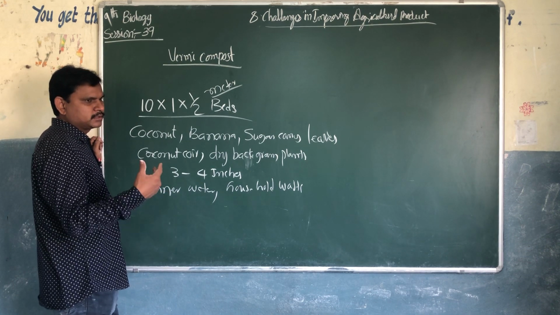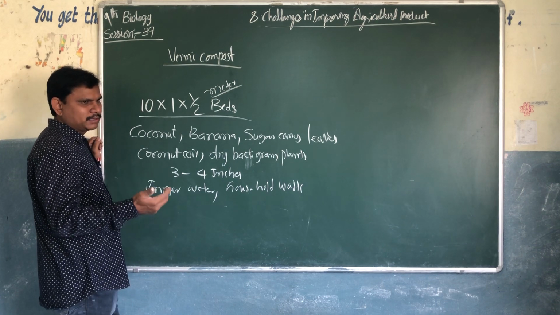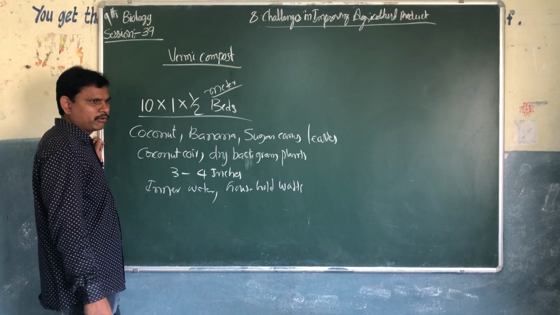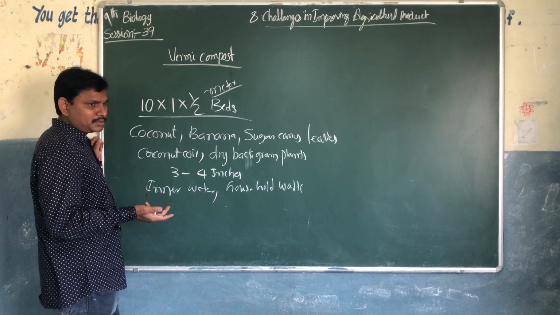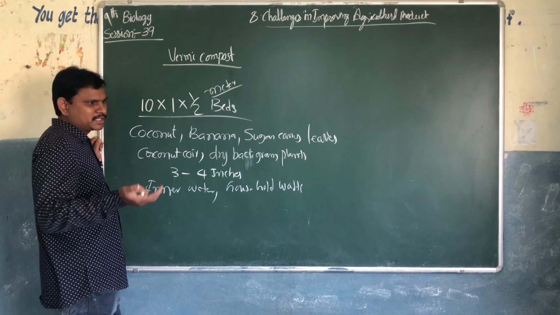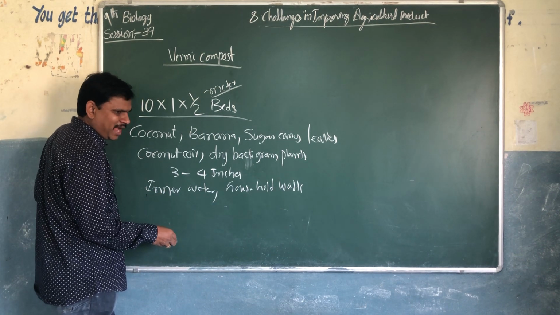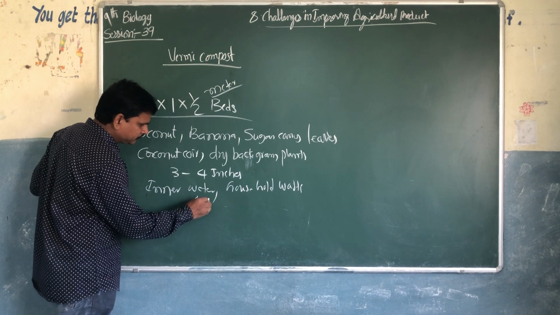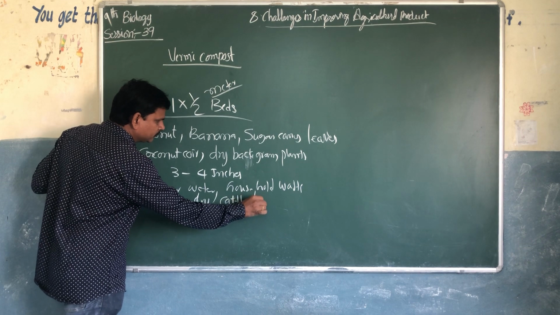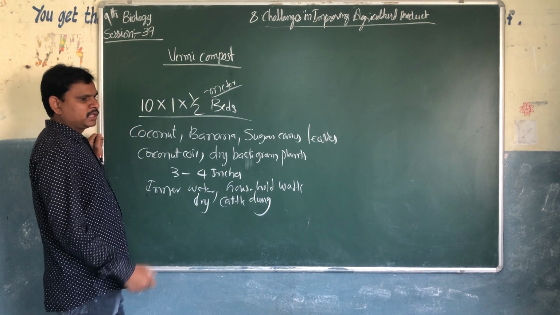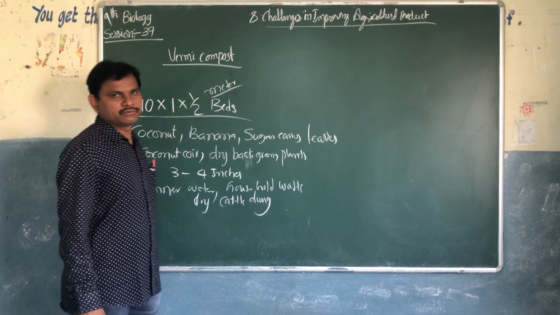Leftover food materials, vegetable peels, whatever may be. Once you prepare any vegetable, many waste materials remain. And they used dry cattle dung. They did not use wet dung here.